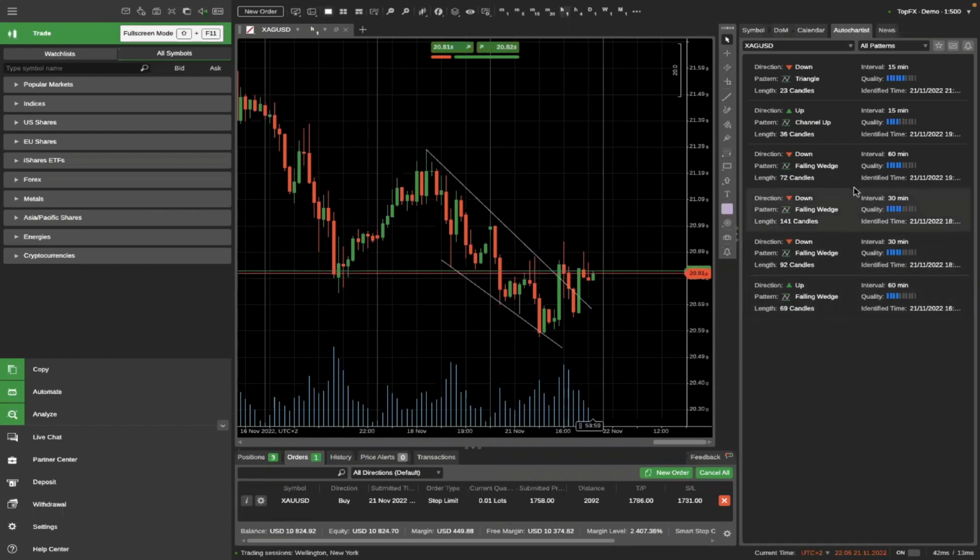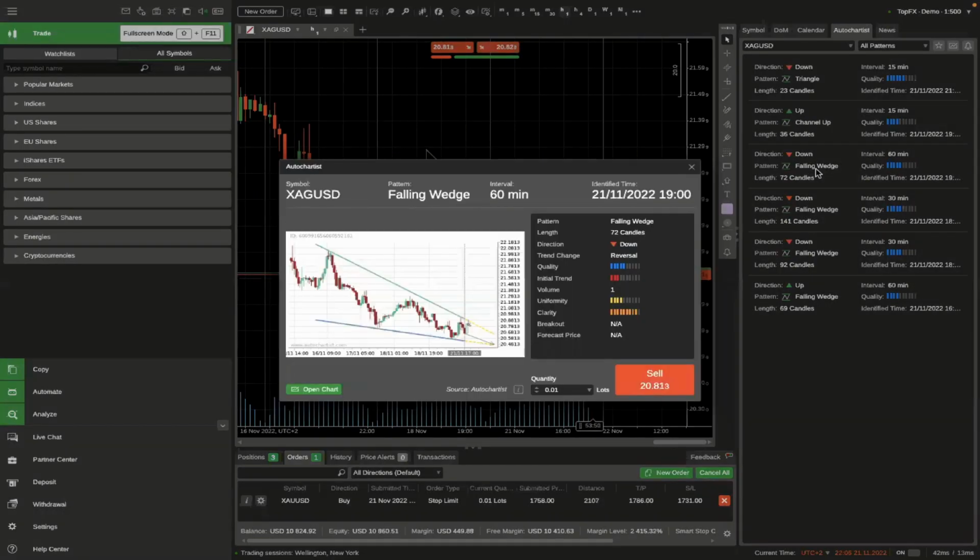But on the 1 hour time frame, we got a conflicting pattern, which is a falling wedge to the downside. As you can see, inside of this pattern, there is one more subwave to the downside missing if this level here is violated.